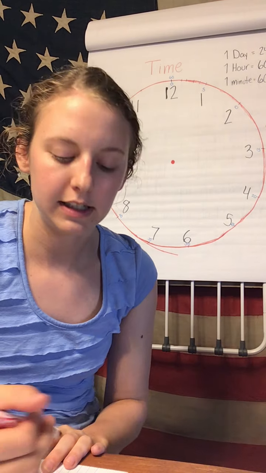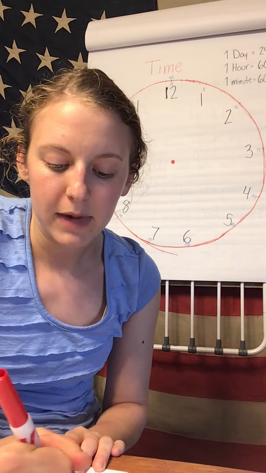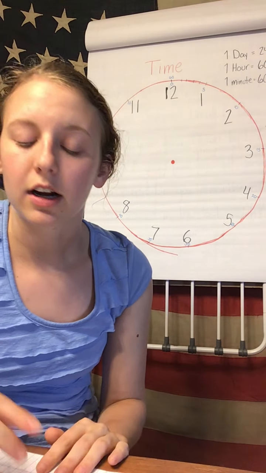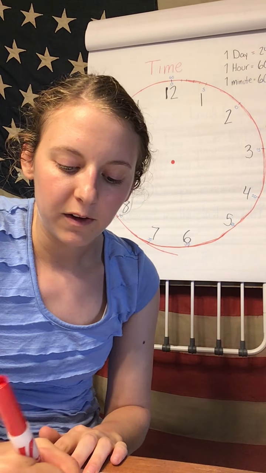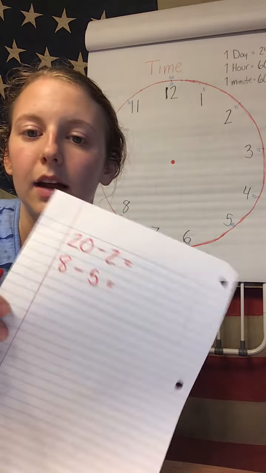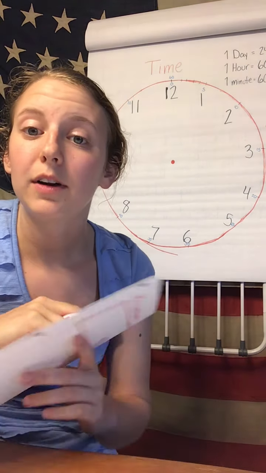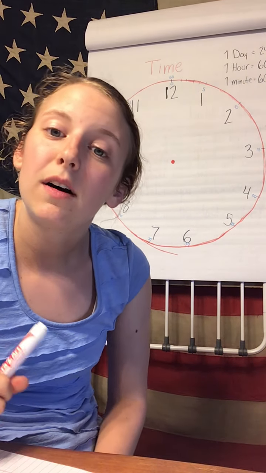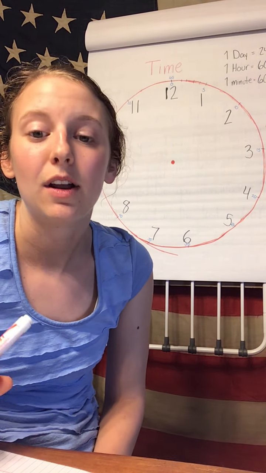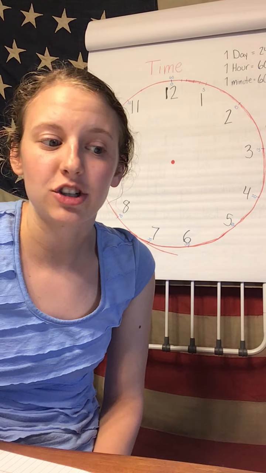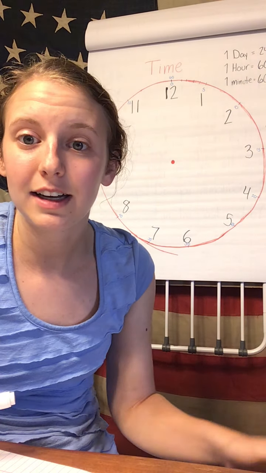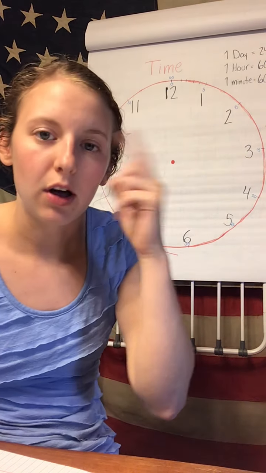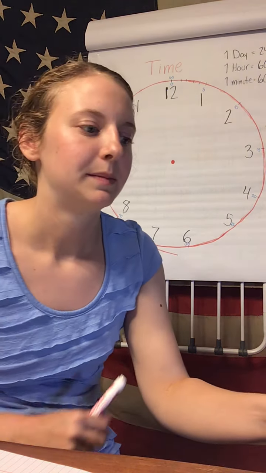So for instance, they could say 20 minus 2. And I want you to figure that out. Maybe they're going to call out 8 minus 5. And I want you to write that down. So whatever your mom and dad come up with, I want you to write it down, and I want you to see if you can solve those subtraction facts. Again, we're trying to practice subtraction now. We've gone through all of our addition. I think you're getting great at it, but now let's try and remember all those subtraction facts.